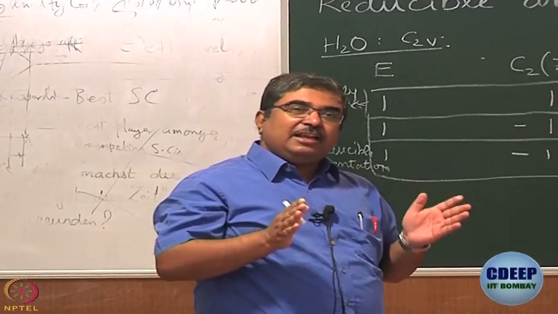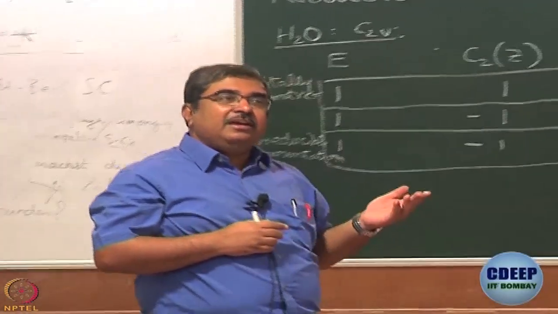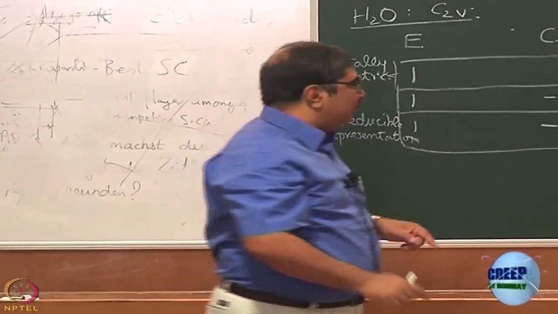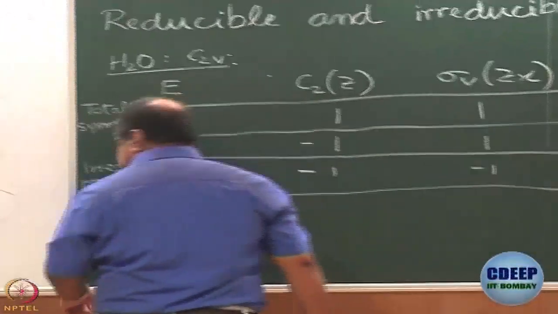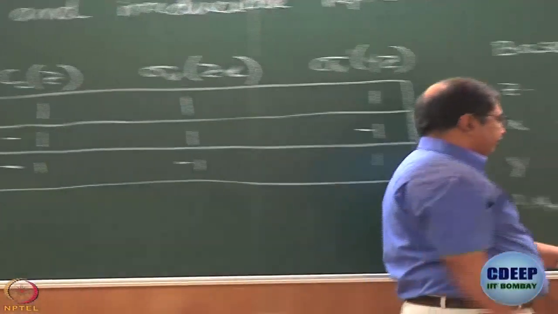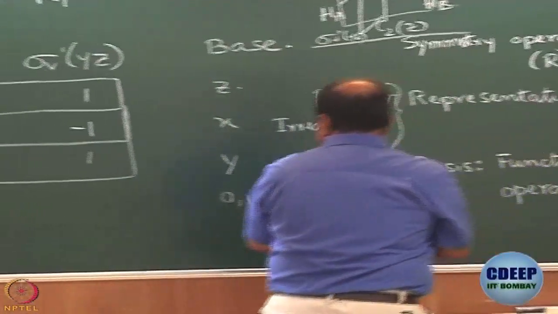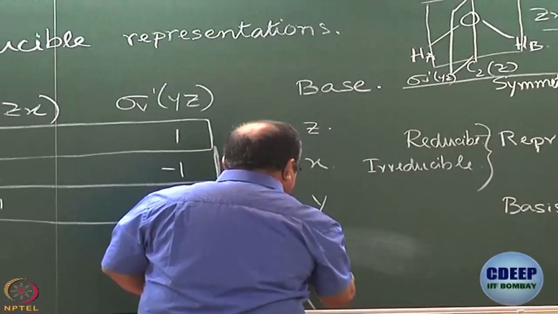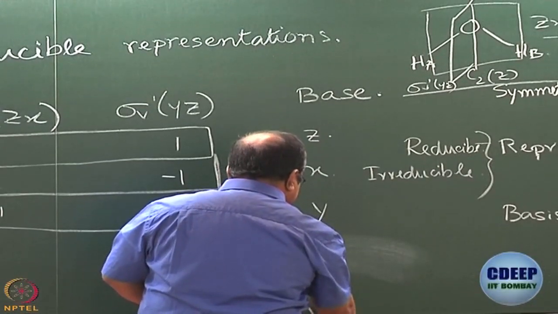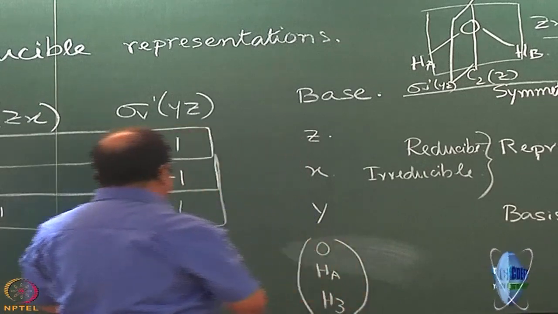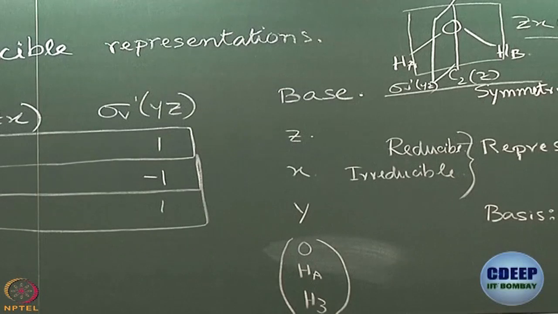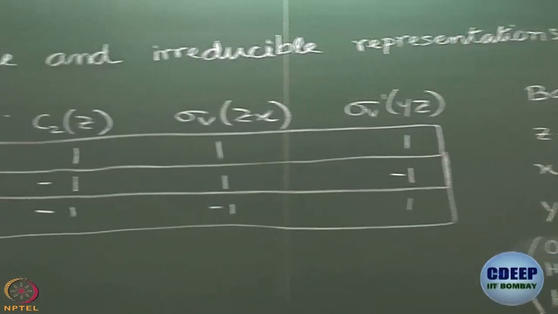As usual, as what we did last time, we had started with x, y, z together. Here also we are going to take this O, HA, HB together, and we will try to see what kind of matrices we get. E is very easy to write.